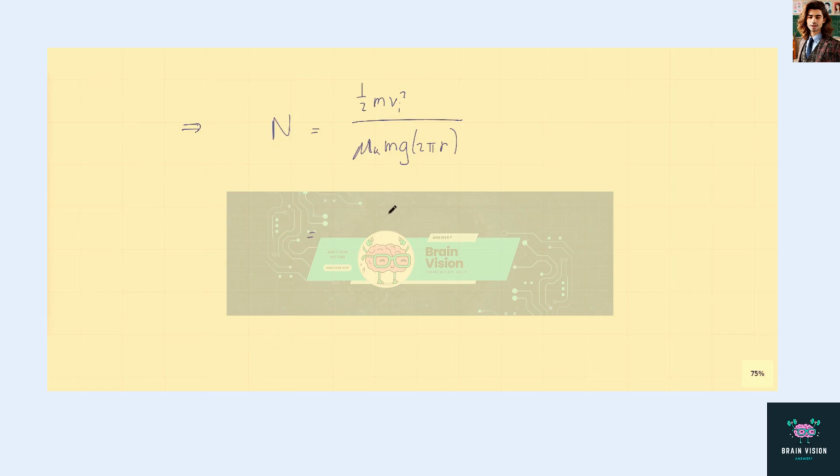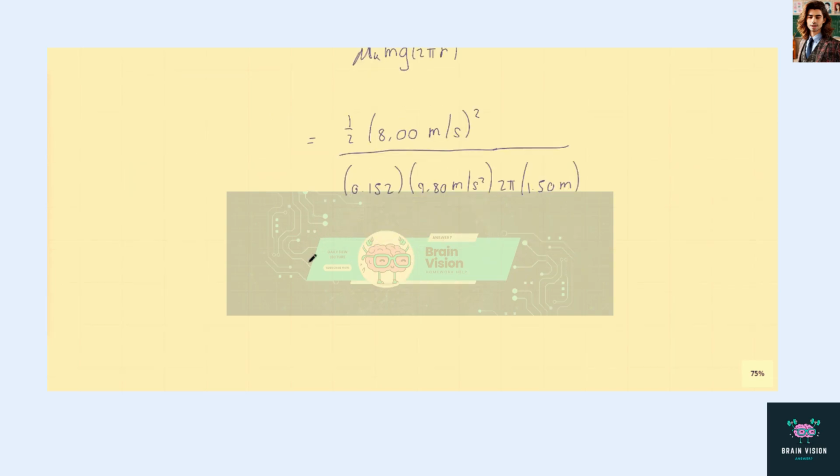So substituting our values into this, we get a half, and we can see the masses cancel, times the initial speed, 8 meters per second, all squared, divided by the coefficient of kinetic friction, 0.152, times the acceleration due to gravity, 9.8 meters per second squared, times 2 pi times the radius of the loop, which is 1.5 meters. So calculating, we get the number of revolutions before the particle comes to rest to be 2.28 revs.